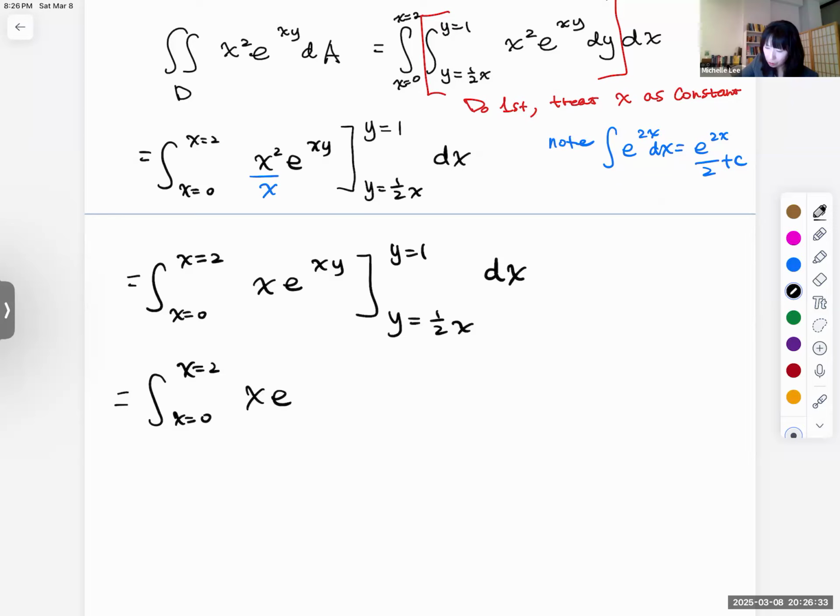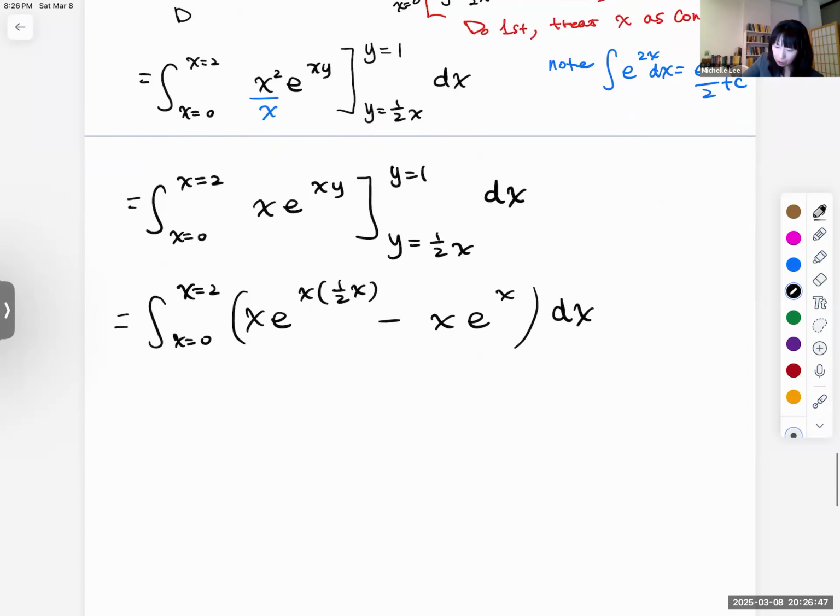So x e to the x times 1/2 x minus x e to the x itself, right? So dx. Okay, so there will be x from 0 to 2. Then we have x e to the x squared over 2.